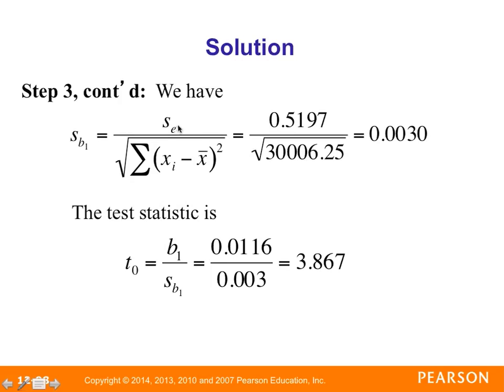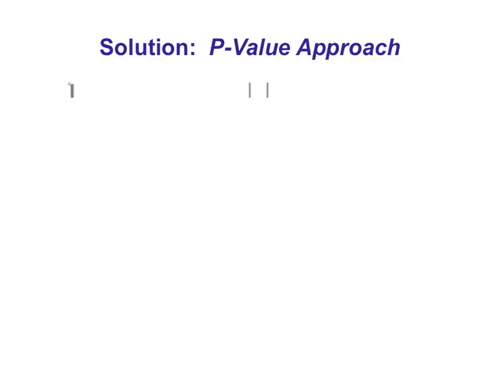And then we take our standard error, which we had already calculated, the 0.5197 that was calculated a few slides back, and divide by the square root of 30,006.25, and we get 0.003. So this gives us s_b1. So our test statistic is going to be found by taking b1, which is 0.0116, and dividing by 0.003, which gives us 3.867. That's our test statistic.